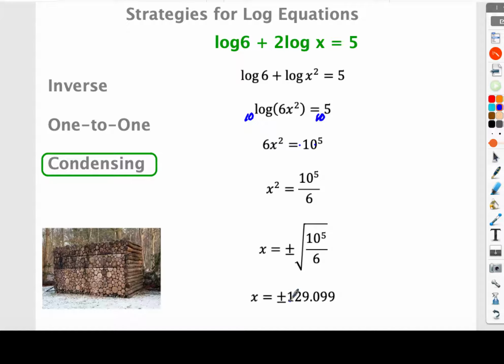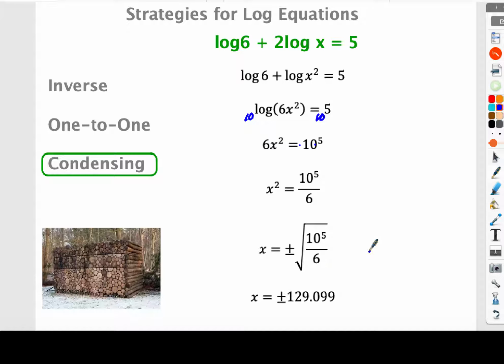But now I've got to remember, when I plug those back in, on the right here, this log of x, I can't plug a negative number in there. Positive 129.099 should work. Approximately, it'll get you close to 5, or as close as a three-digit decimal can. We're going to give our most accurate to 3 decimal places number we can. But again, the negative won't really work.